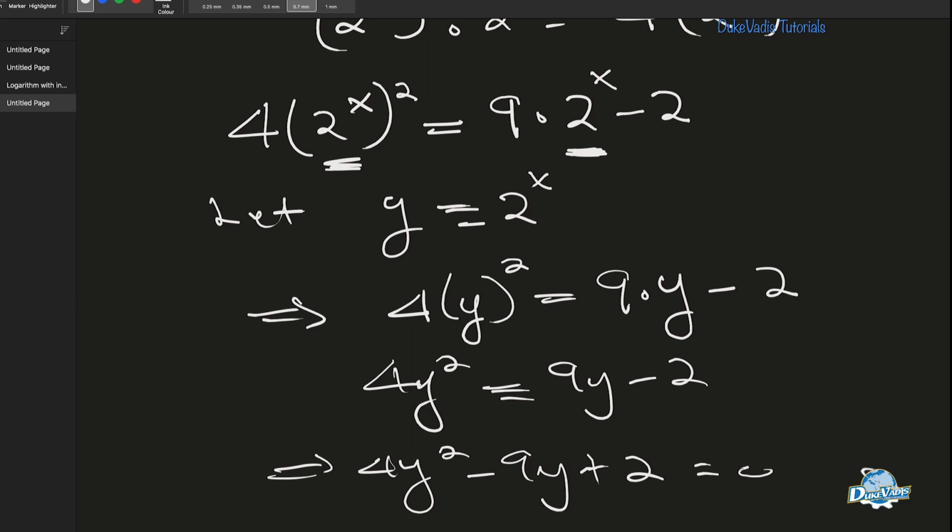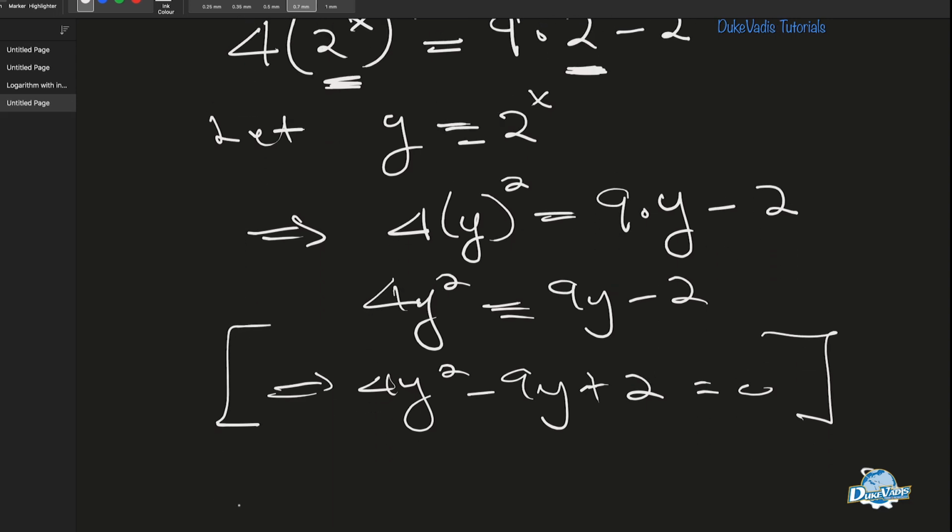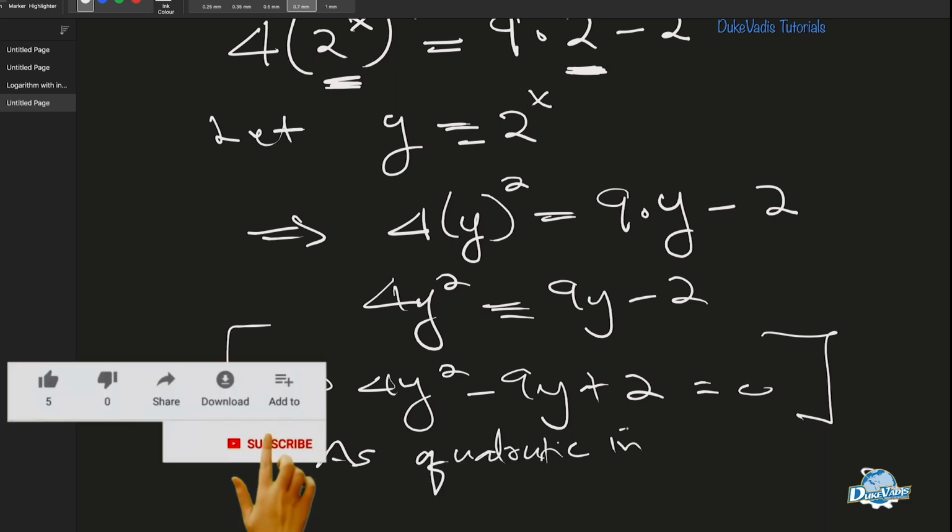Then this is very familiar. This very equation that we have derived is very familiar to our general quadratic equation. So we say it is quadratic in y.